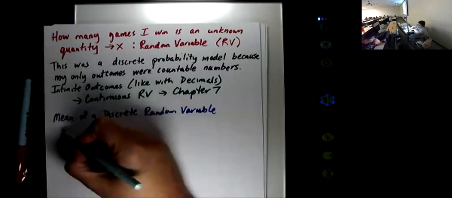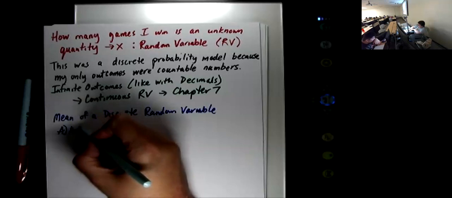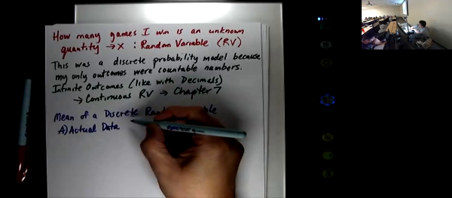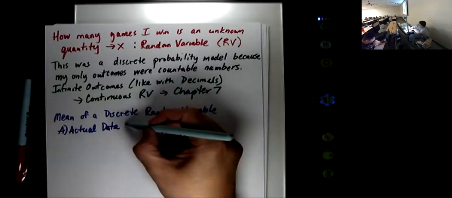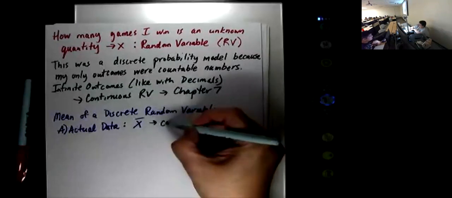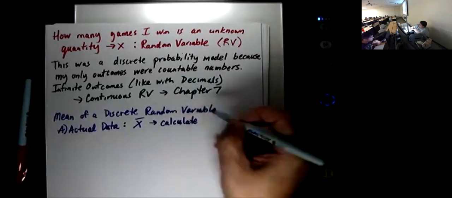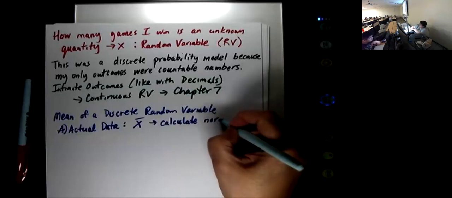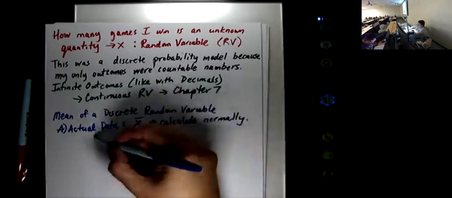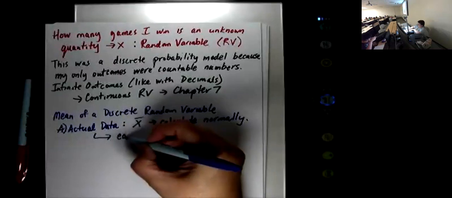Well, if we have actual data, like a big bunch of answers, a whole lot of individual responses, we would have an X bar and we would just calculate normally: you add them up, divide by the total. And what I mean by actual data, I want to make it clear, is each individual response.